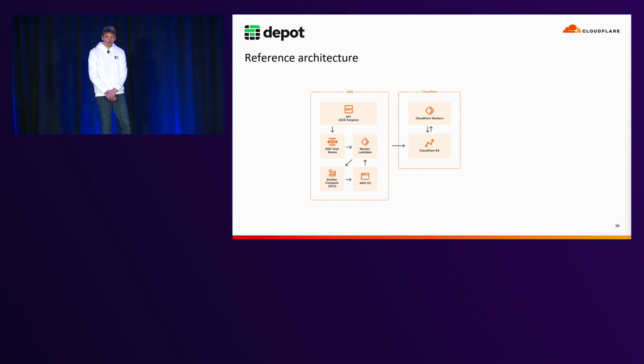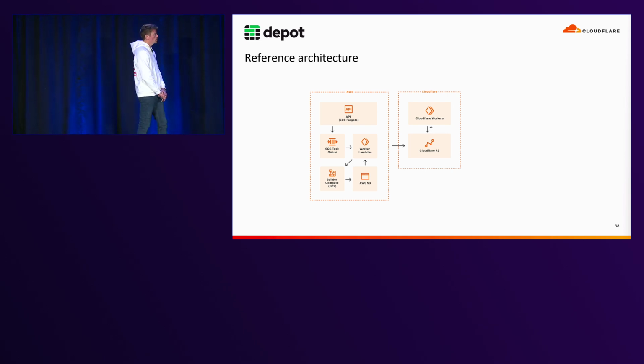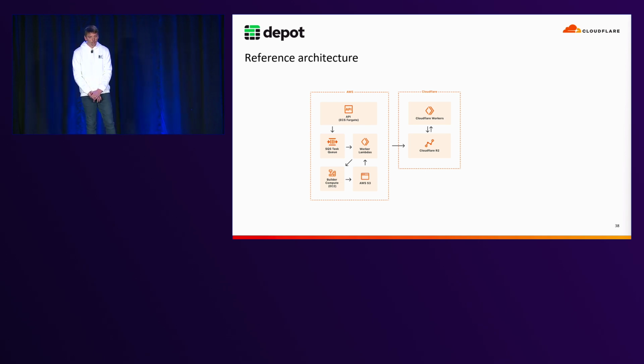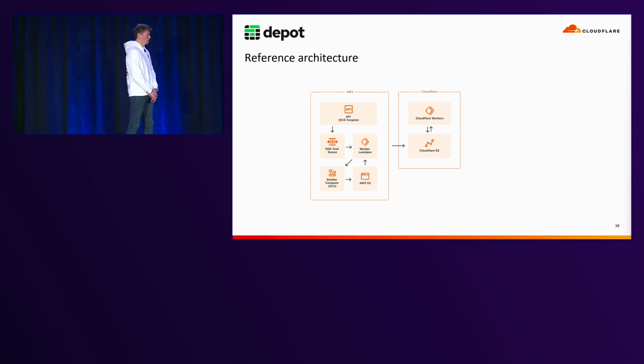Our orchestration system lives inside of Lambda. It reads messages off of SQS and reacts to requested operations like launching new EC2 instances, stopping instances, moving instances from our warm pools into active instances, and killing machines when builds are terminated. The actual builder compute itself lives inside of EC2, like I said before.